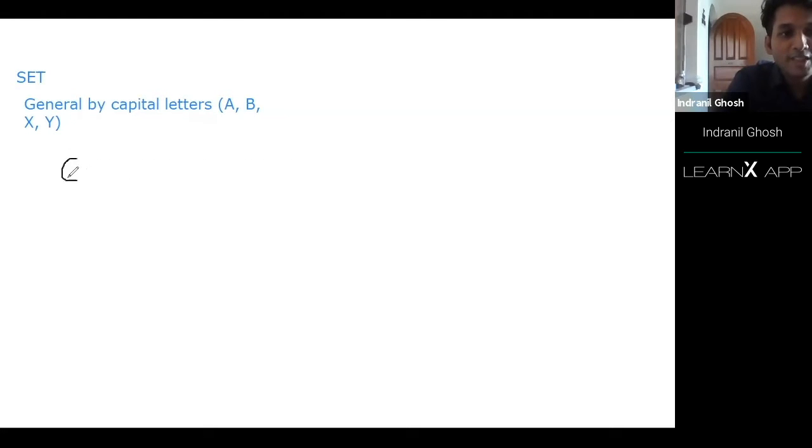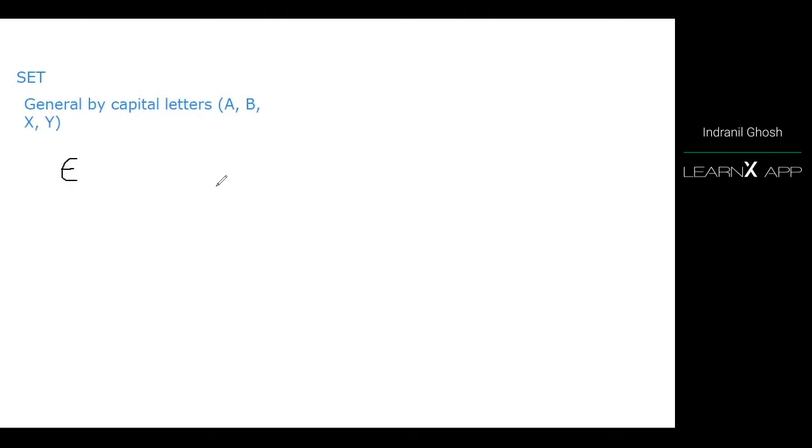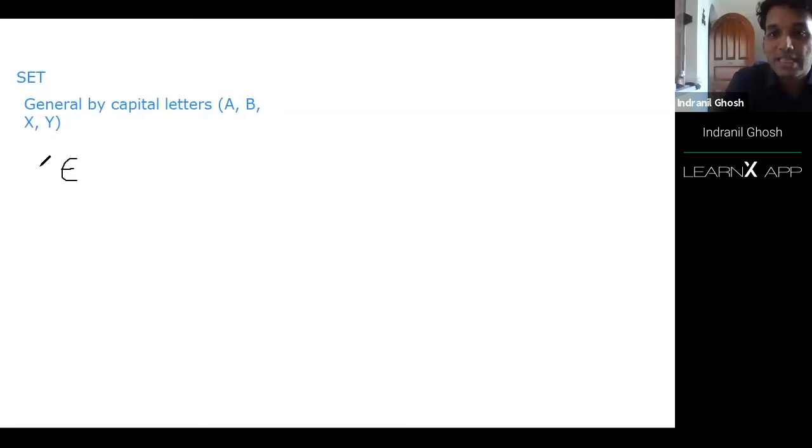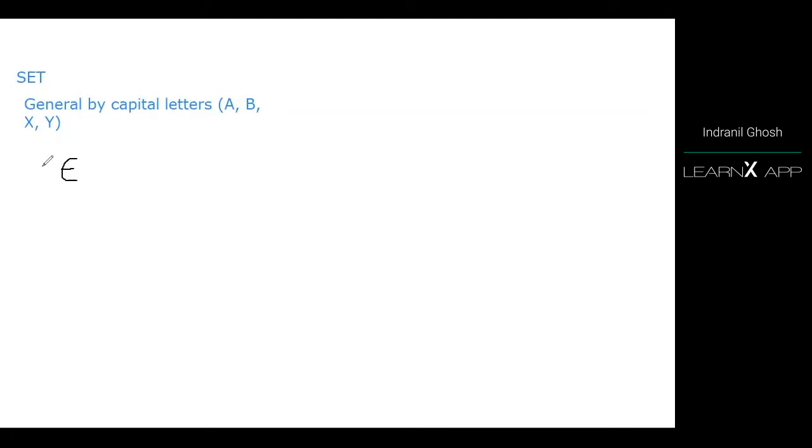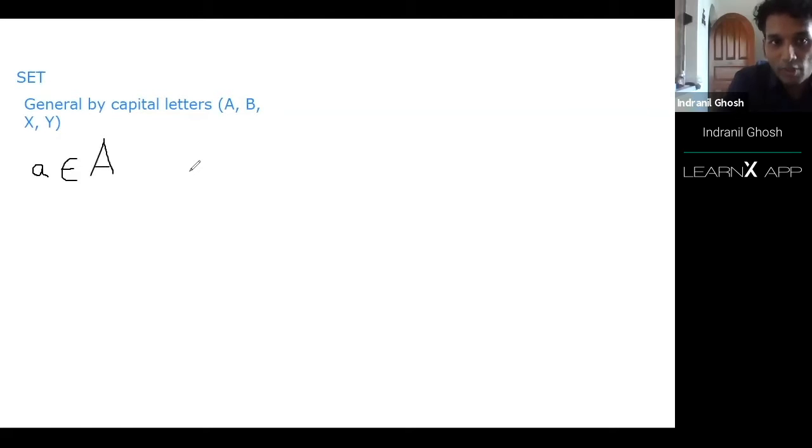Are you familiar with this sign? Sir, belongs to. Belongs to, this is known as epsilon. Okay, so if we write something like small a belongs to capital A, what does it mean?